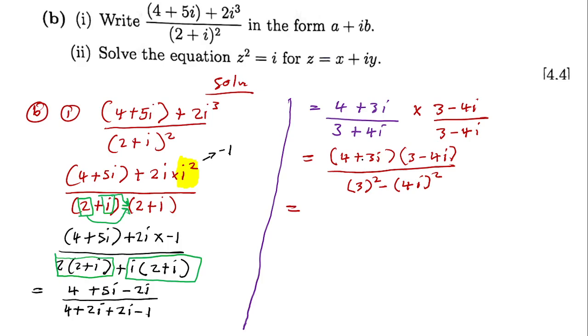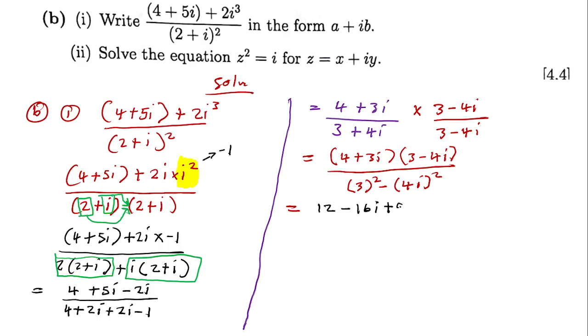So I'll say 4 times 3, it is 12, and then 4 times negative 4i, it is negative 16i. Then I'll say 3i times 3, it is positive 9i. And then I'll say 3i times negative 4i, it's positive 12.